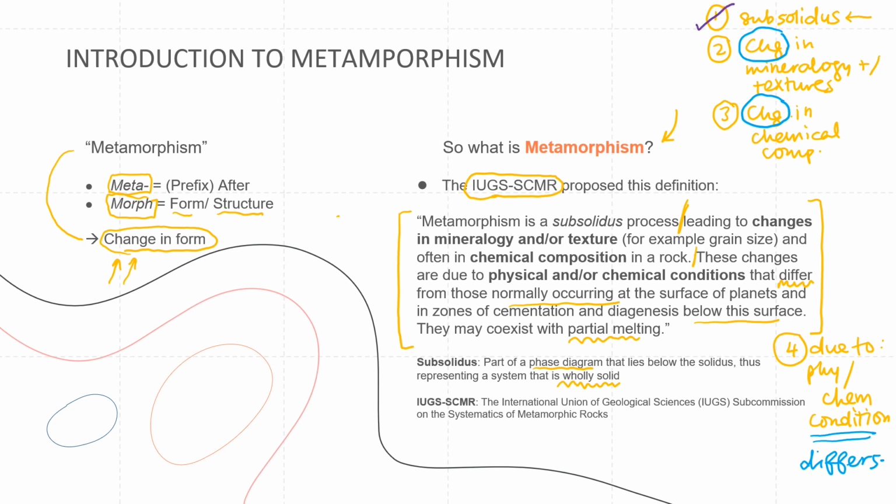It involves change in mineralogy and textures and in chemical composition, and this is due to physical or chemical conditions that differ from those normally occurring. So it's something different in the environment that causes change in a system that is wholly solid. So remember, metamorphism, the key word here is change.